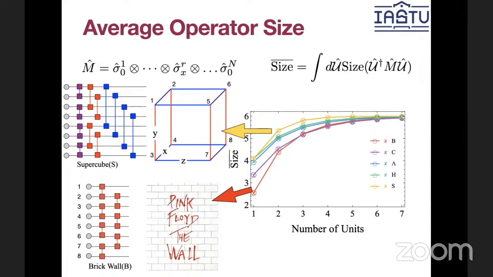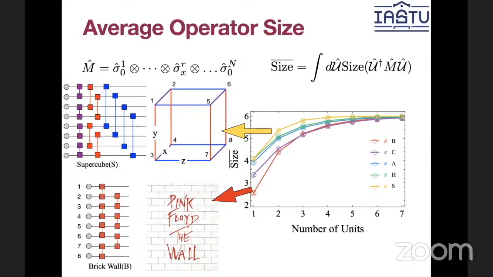After the average, the size bar just depends on the structure of the neural network. And this figure shows the analytical result of the operator size of these 5 different structures.